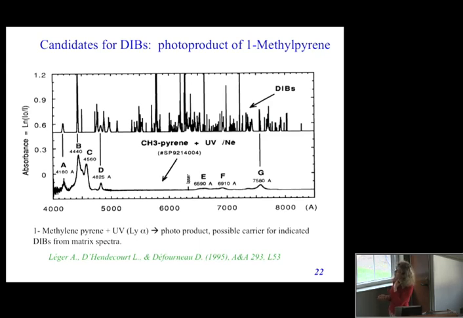So the experiment here was made in a neon matrix. You isolate methylpyrene in a neon matrix, and then you irradiate with a hydrogen discharge lamp, so mainly with Lyman alpha photons, and you observe some bands like A, B, D, which rise with the UV radiation and which would correspond to possible DIBs.